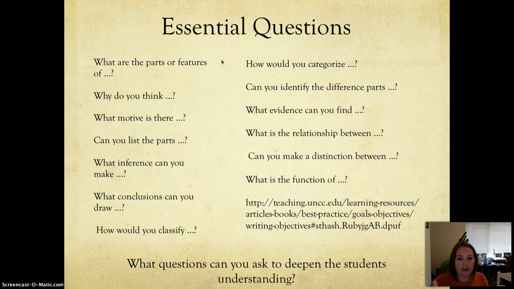So, now that you understand where the student has to go, what they have to understand, I want you to think about some essential questions that you could ask to deepen the student's understanding. So you might want to think about what is the motive of a credit card company.